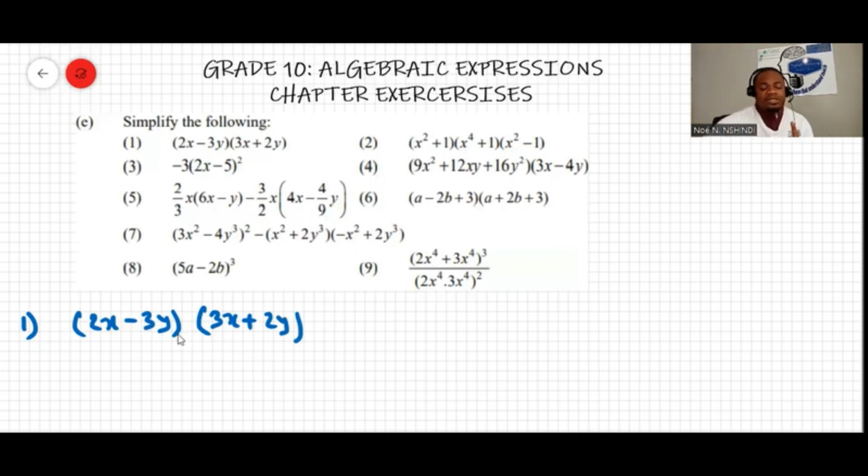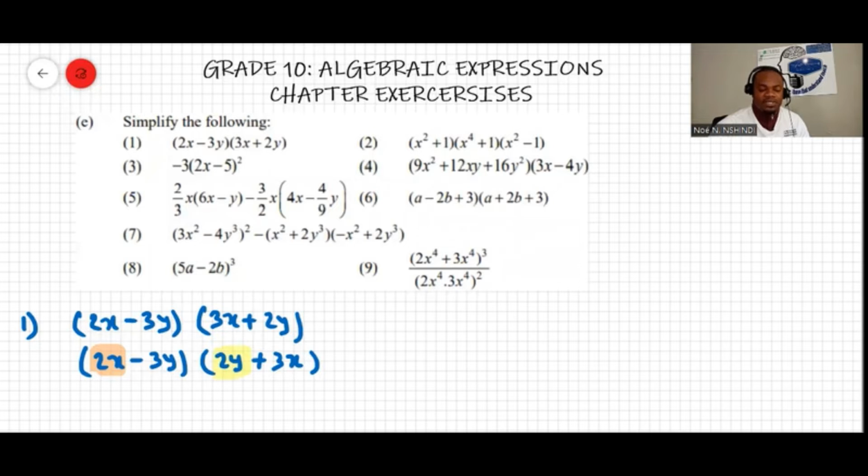It's a tricky question. If you rearrange things, it's 2x minus 3y and then 2y plus 3x. So these terms are not exactly the same. Look at 2x, and there it's 2y. They're not like terms.